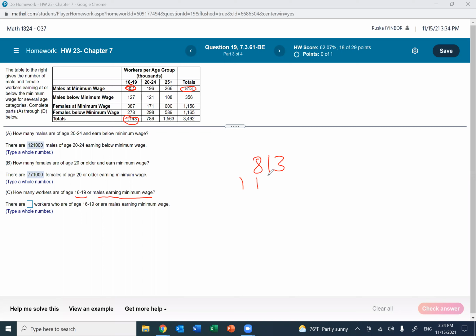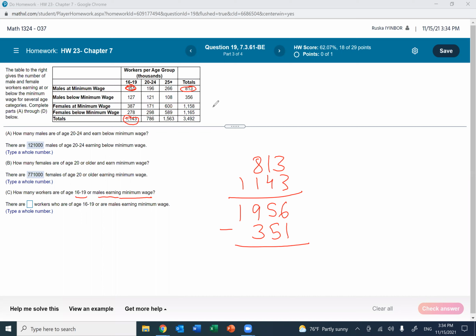That's 6,591, and you're subtracting 351 because you're adding this number two times, once to the males at minimum wage, once to the age 16 to 19. So when I subtract, I'm gonna get 5,061, and don't forget the 3 zeros after that, because everything is in thousands.